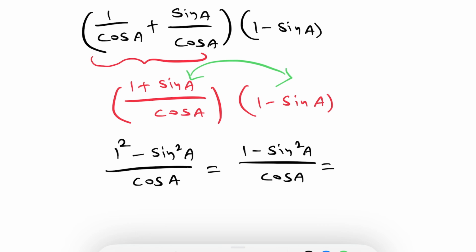What is 1 minus sin square a? It is cos square a divided by cos a as it is. So here for cos a, the square will cancel, and we remain with cos a.